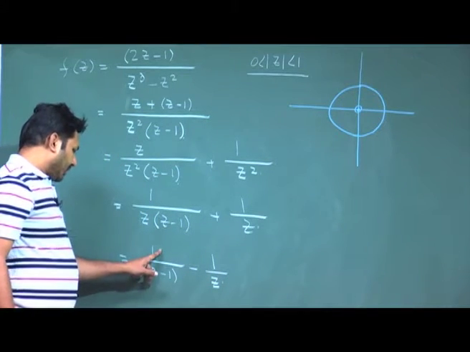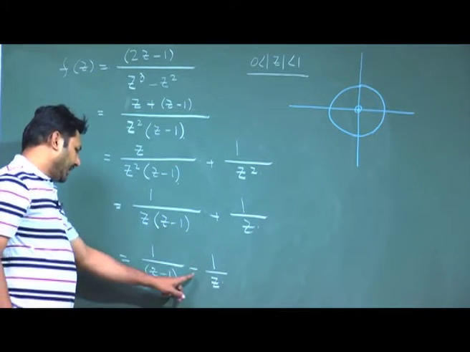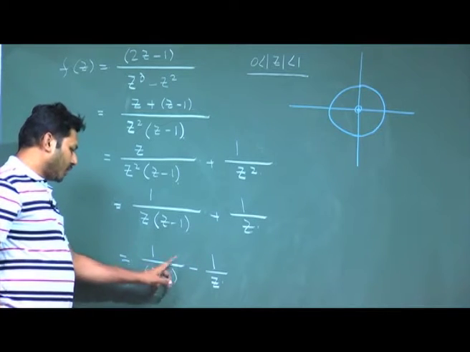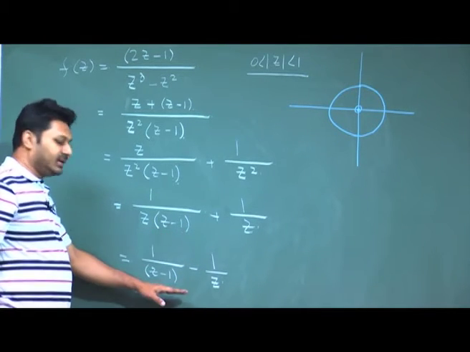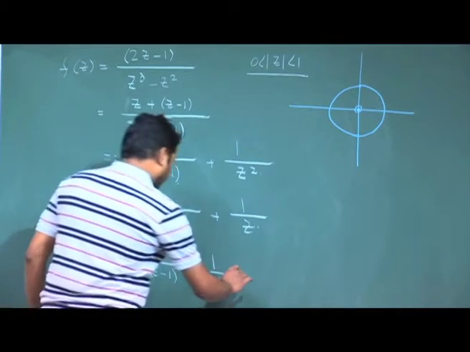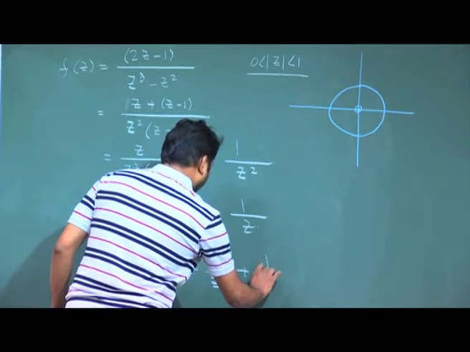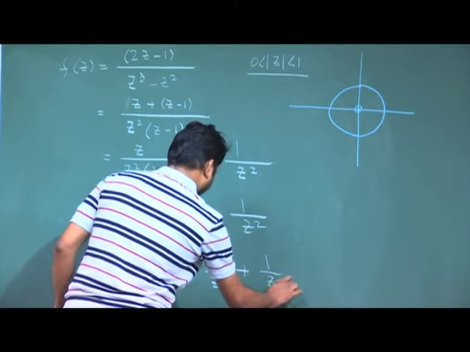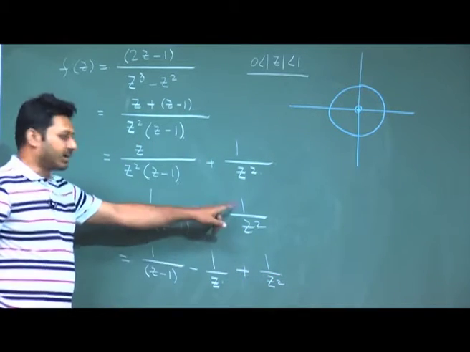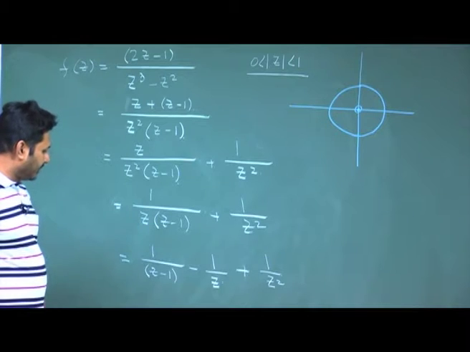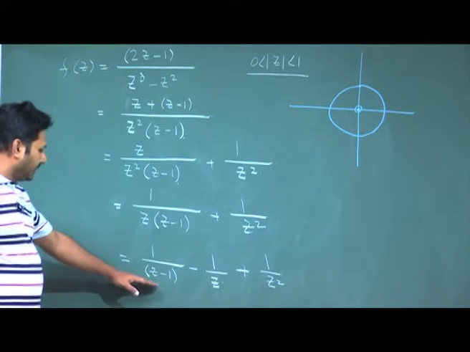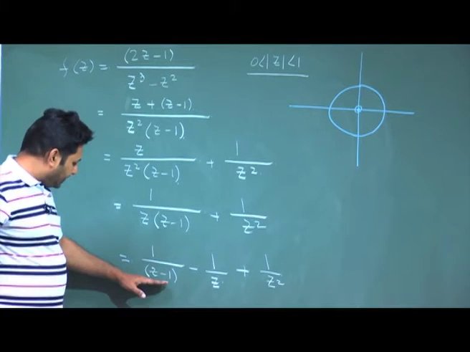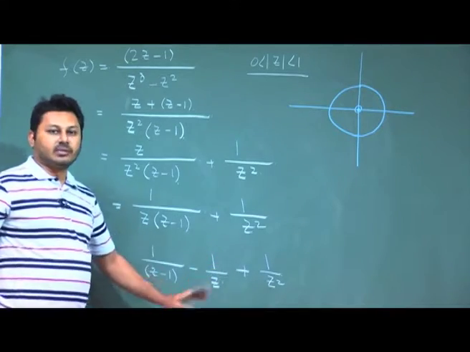This z goes here, this z minus goes here, with a negative sign z will cancel out, we will have 1. So, I can factorize this quantity in this way, plus 1 by z square as usual.